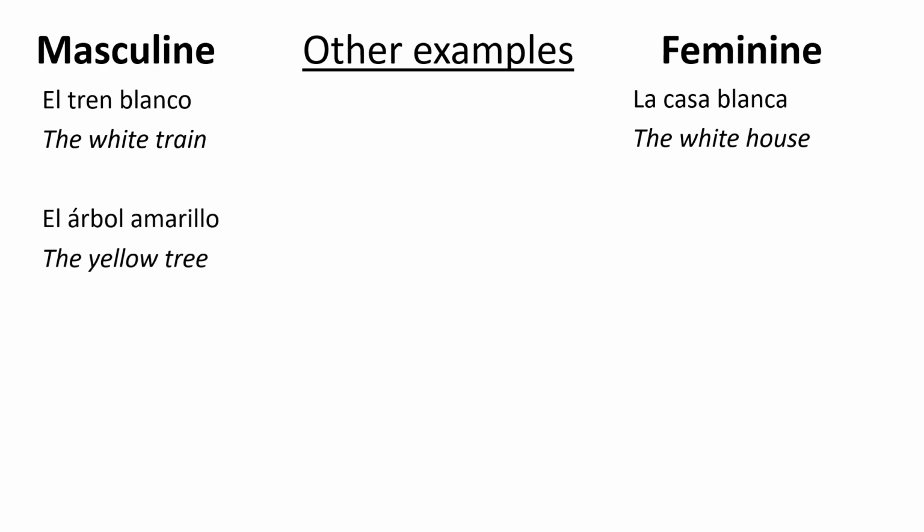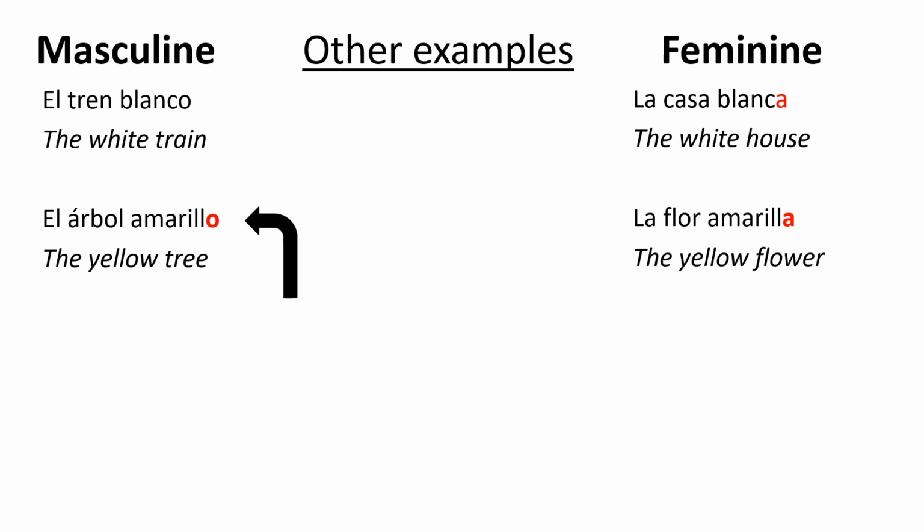El árbol amarillo. La flor amarilla. The same rule applies, where if it is a masculine word, which árbol is, then the O stays the same, whereas if the word is feminine, the O changes to an A, leaving it from amarillo to amarilla.